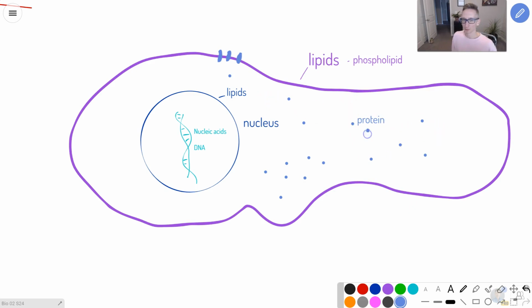Going back to this, our DNA stores information. It's our information storage system. Phospholipids on the outside of the membrane, label it as phospholipids, act as a barrier and keep the inside in.